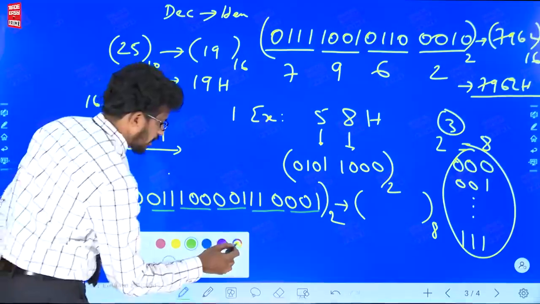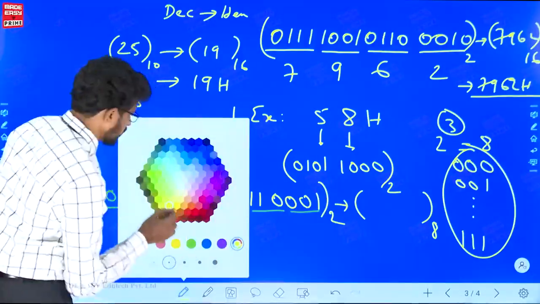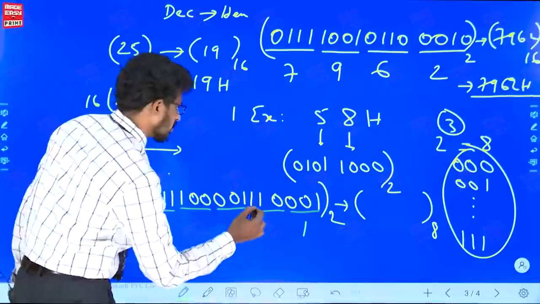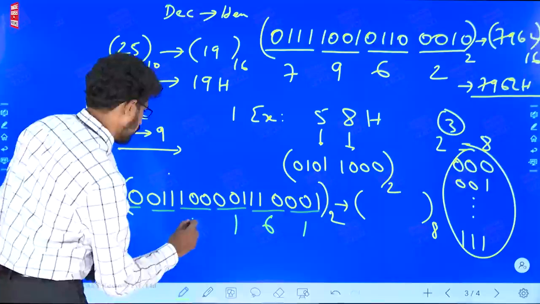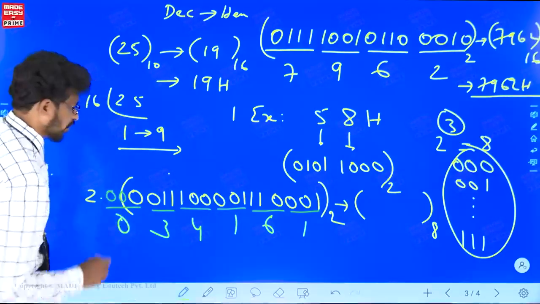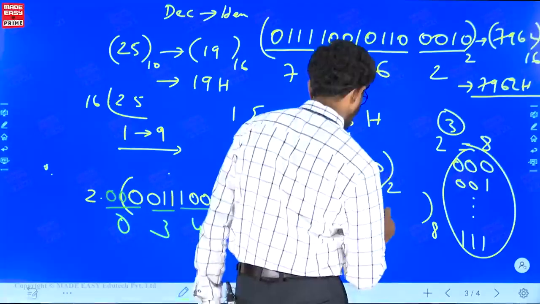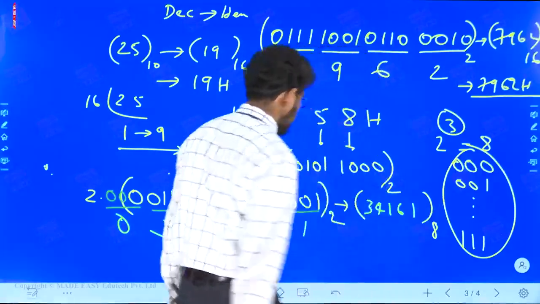So what is the equivalent value you obtain now? What is this value? 1. This is 6. This is 1, 4, 3, 0. It means 34161. So this value is equal to 34161 in octal.